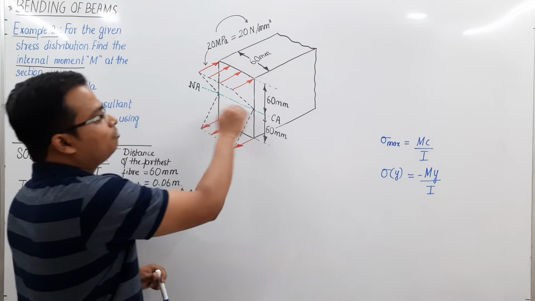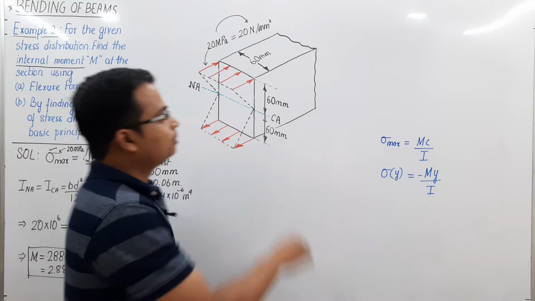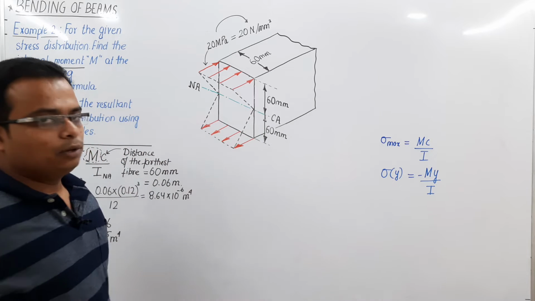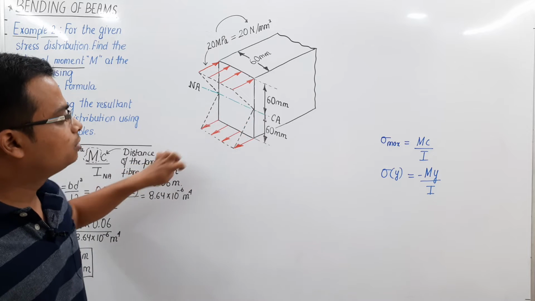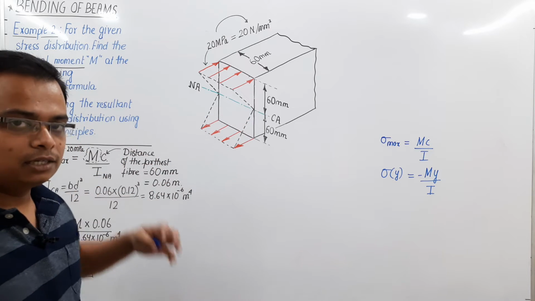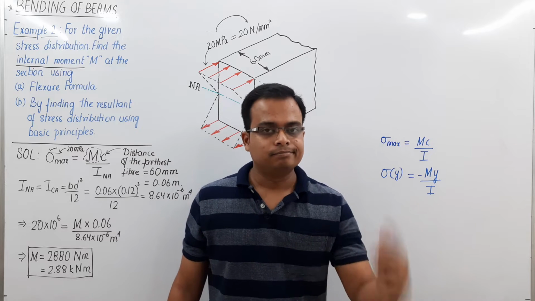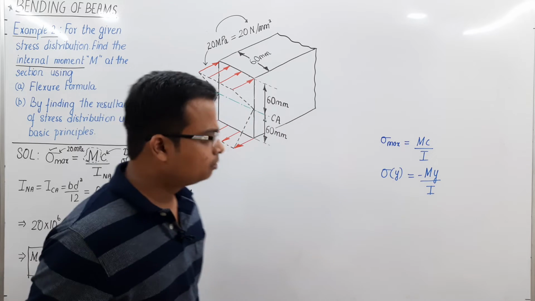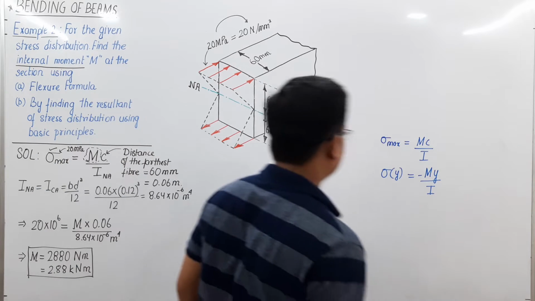You can see this. Everything above the neutral axis is undergoing compression. And for all the negative values of y, that means if you go downstairs, you will have corresponding positive values of stress. See this outwards. Anyway, these are the two different versions of the Flexure formula, and you can use them as per your choice and requirements.